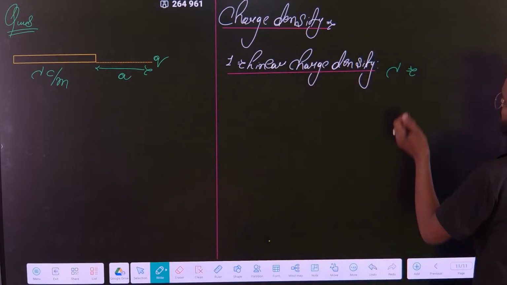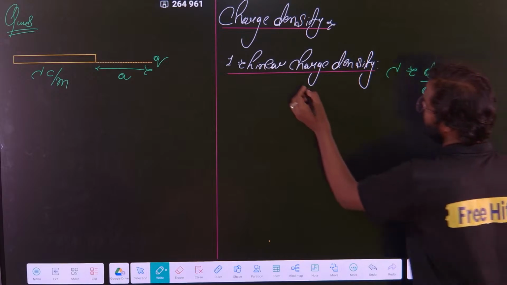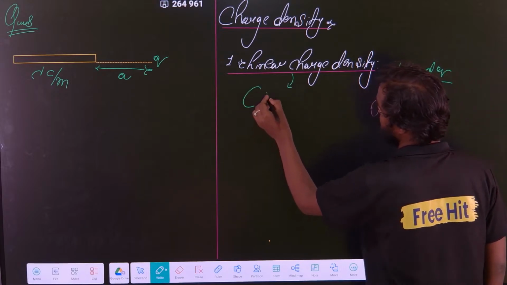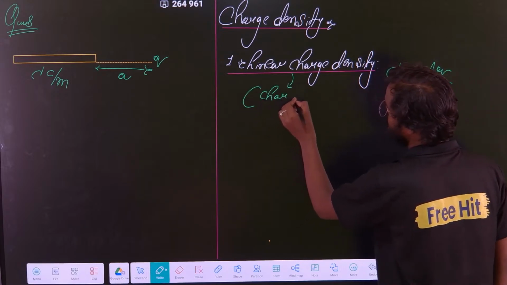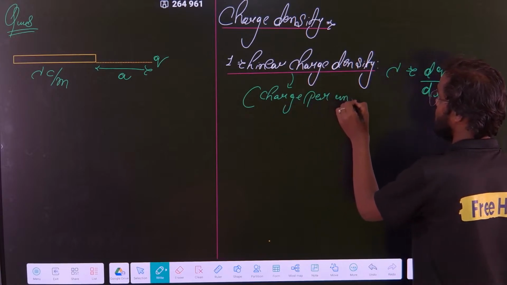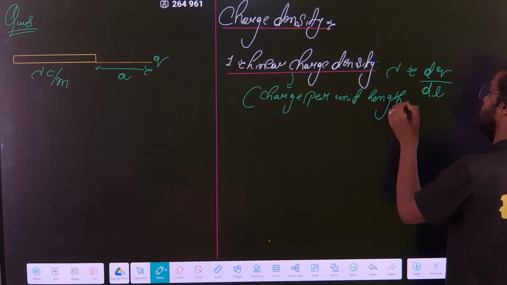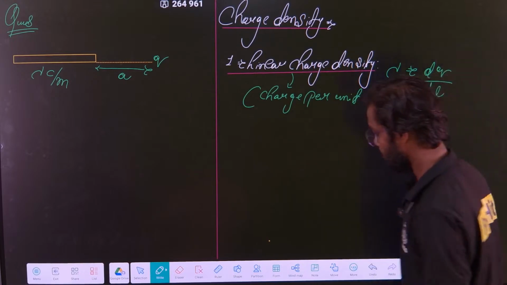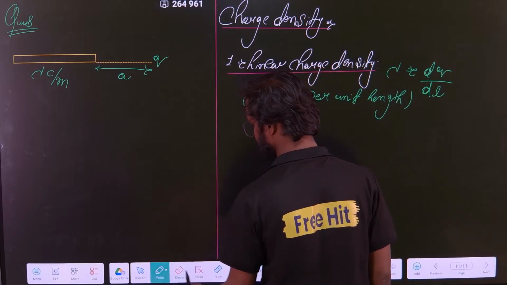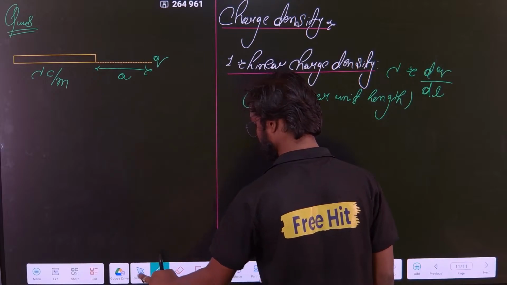Simple, you have to remember: lambda is dq by dl, which is defined as charge per unit length. That is my linear charge density. Clear? I don't think you have any doubt here.